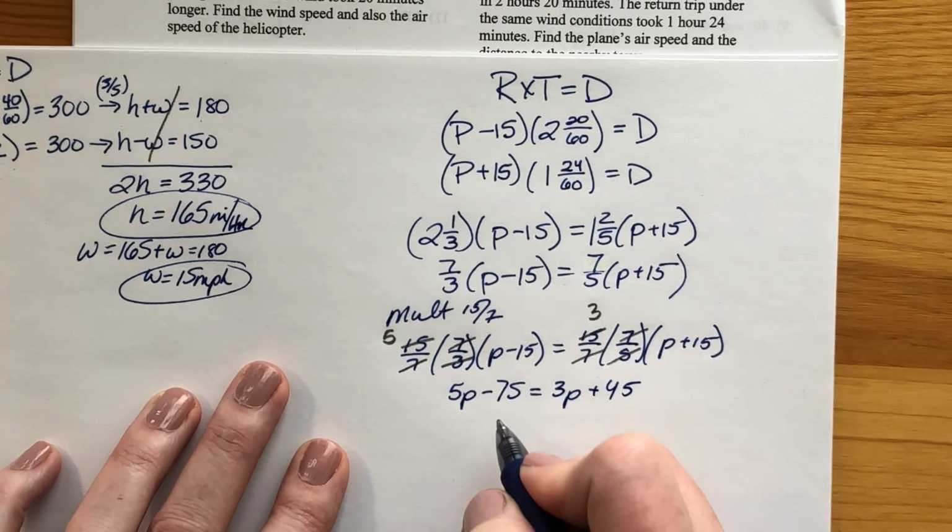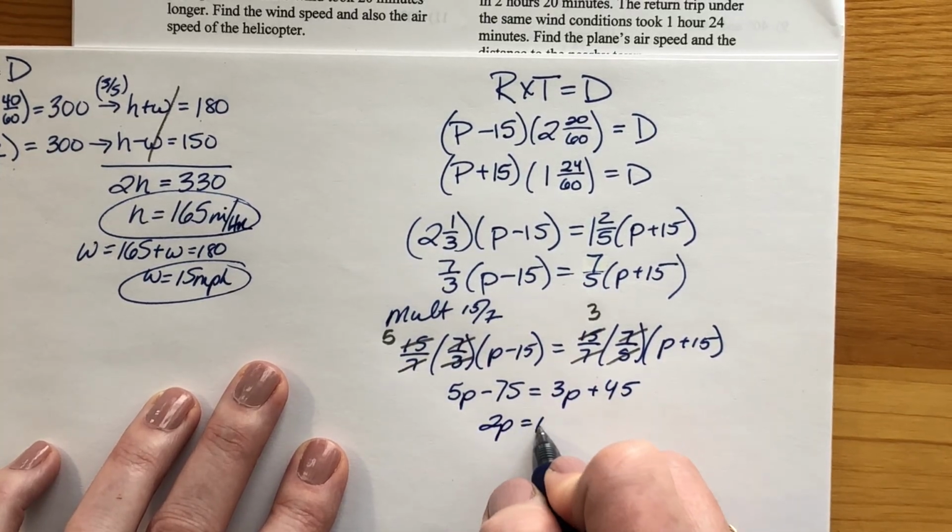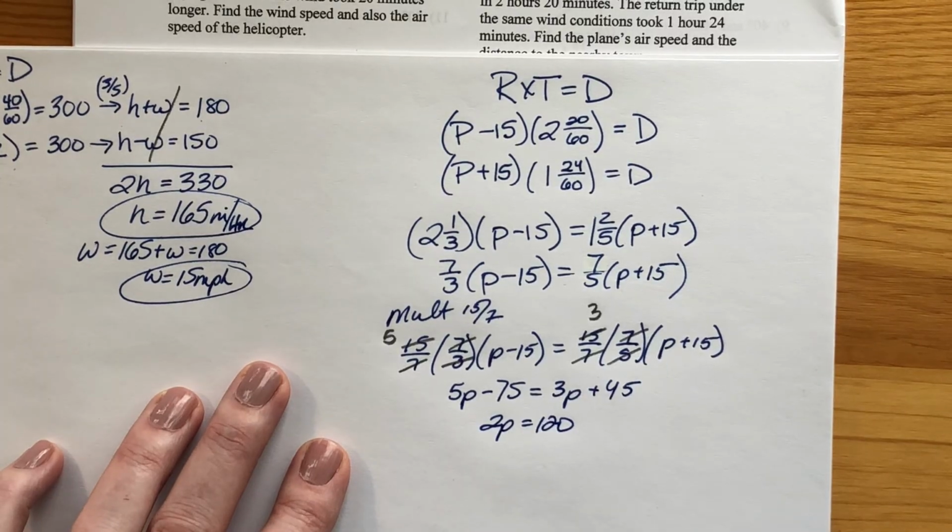Let's get it all over to one side. And I have 2P is equal to 120. So 2P is equal to 120.